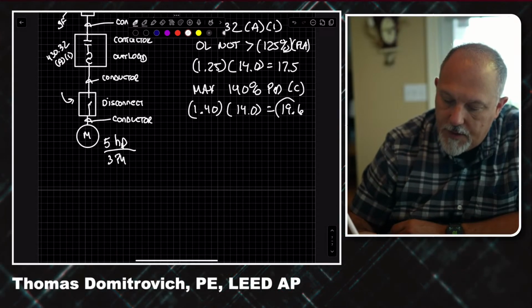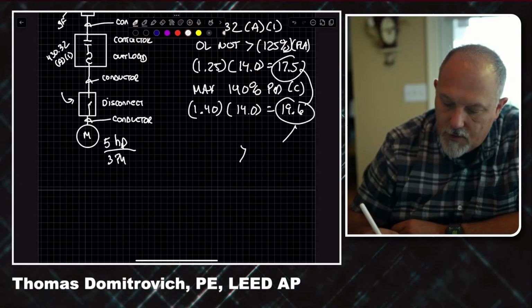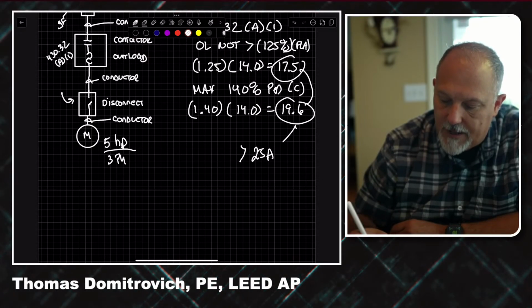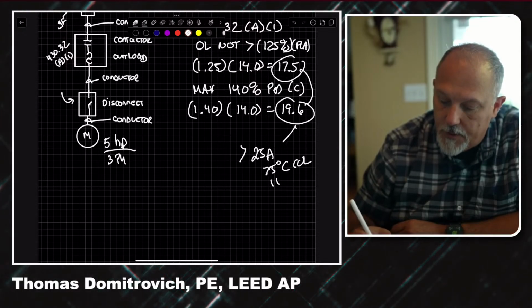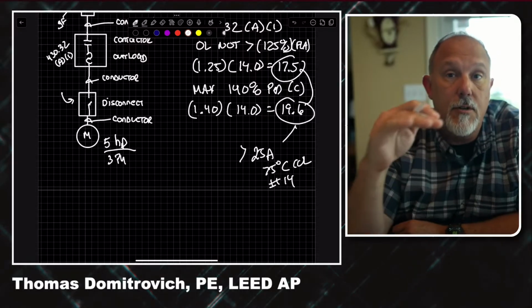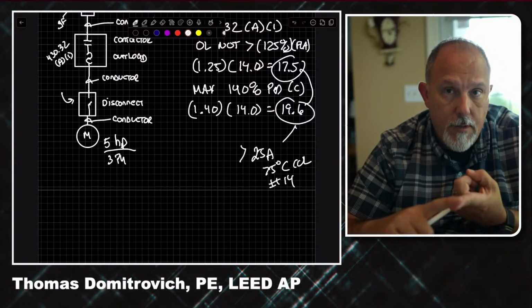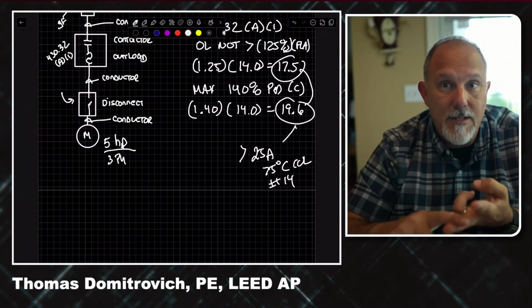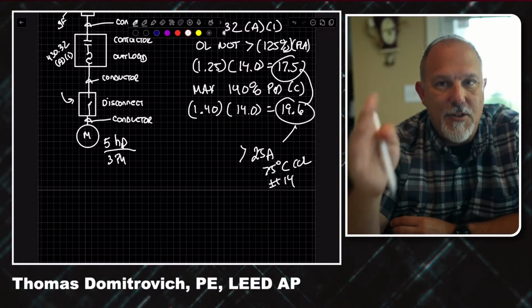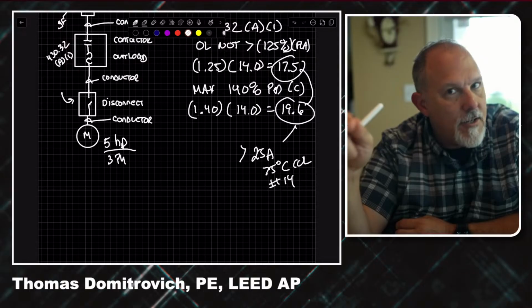So both this number and this number are greater than 25 amps, which is the 75 degree C column for a number 14 conductor. So that tells me I am protecting the conductor from overload, and I am protecting the equipment at its 75 degree C temperature rating for a number 14 conductor.